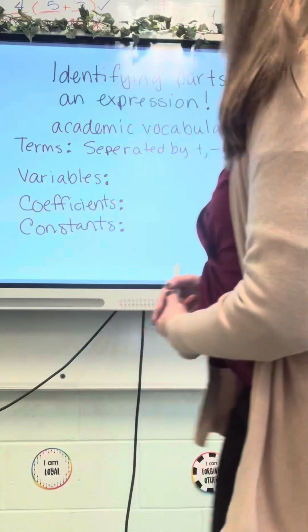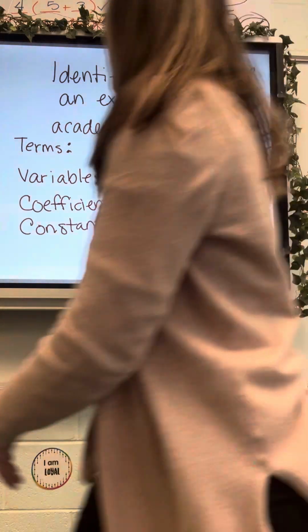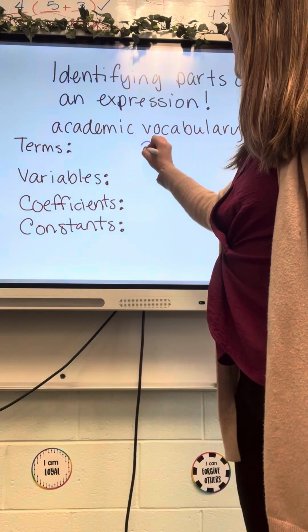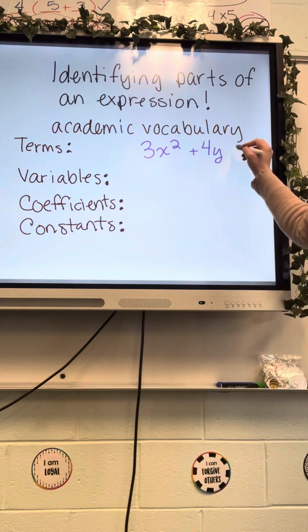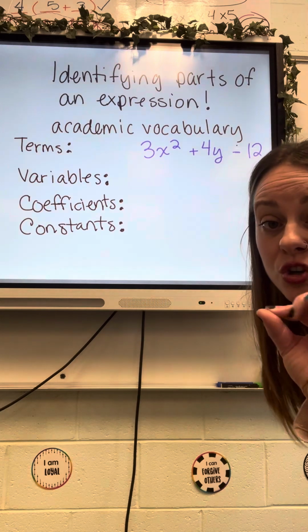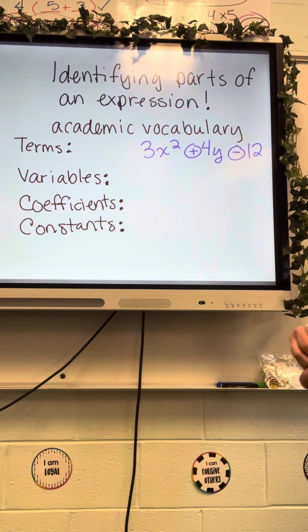So for example, write that down because I'm going to erase it. If I had 3x squared plus 4y minus 12, I'm going to circle any adding, subtracting, or dividing signs. Boom, boom.